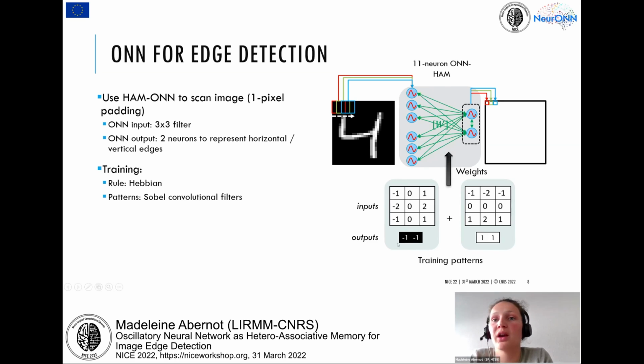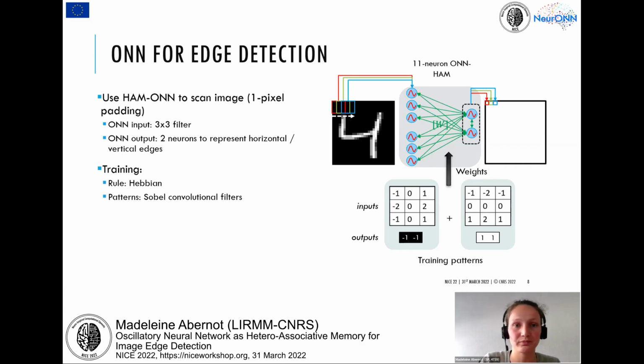If you look here, we have -1 and +1, which means that -1 is an oscillator with a 0-degree phase, and +1 is an oscillator with a 180-degree phase. The idea is that if we find this pattern at the output of the network, we have an edge associated with a vertical edge, and if we find this other pattern, we have an edge associated with a horizontal edge. In case we retrieve none of them, it means we haven't detected any edge in this small part of the image.